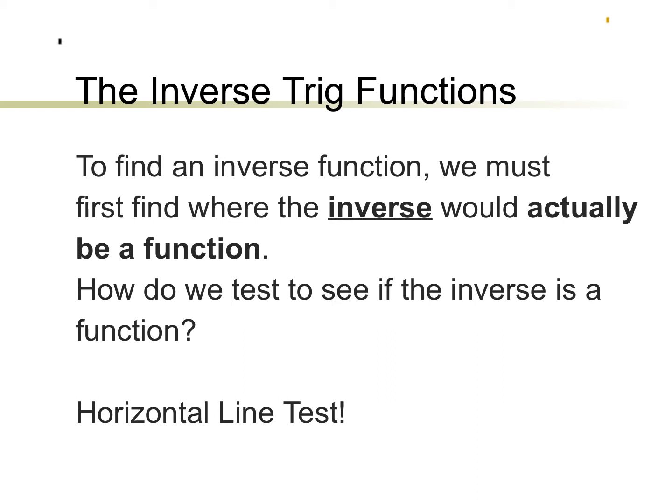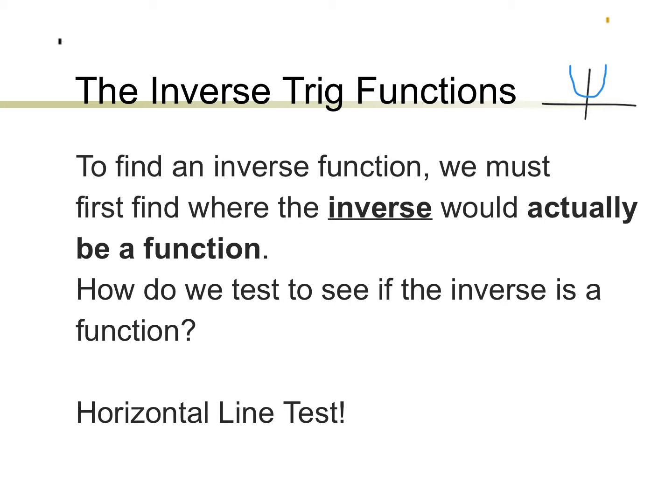So way back when we started talking about inverse functions, we talked about how a function is only a function if it passes the vertical line test. So if we had, for instance, y equals x squared plus 1, if we were to pass a vertical line through it at any point, we would only ever hit the function once, which would indicate that it is a proper function.